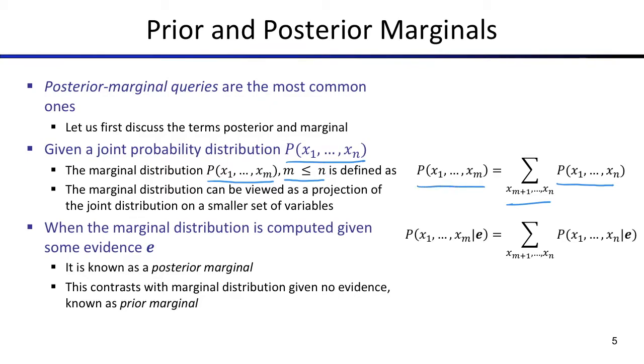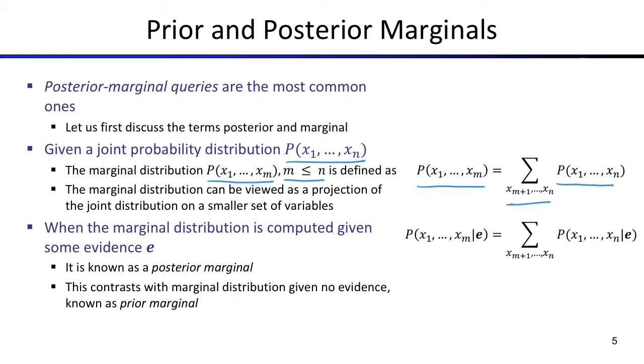This is the process that we call marginalization. We can understand this marginal distribution as a sort of projection of the joint distribution on a smaller set of variables. Okay, once we have this marginal distribution, we can compute that marginal given some evidence E.